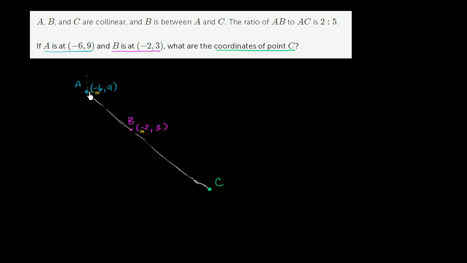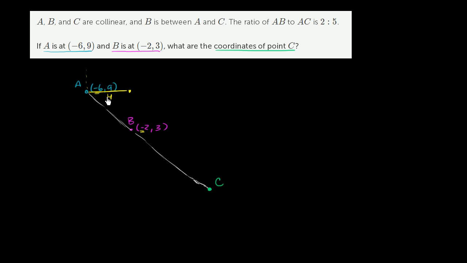So this is the horizontal change that we care about. If you start at negative 6 and go to negative 2, you have increased by 4. Another way of thinking about it is negative 2 minus negative 6 is negative 2 plus 6, which is 4.